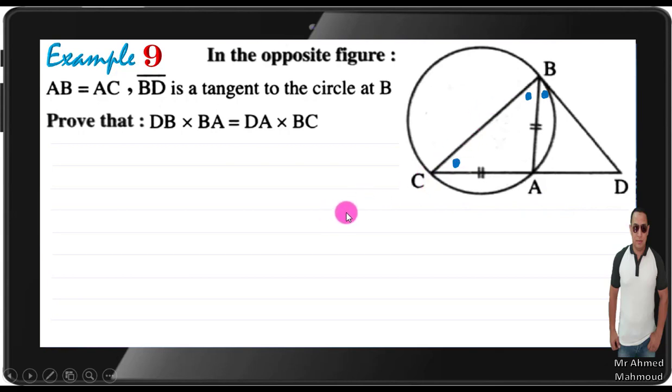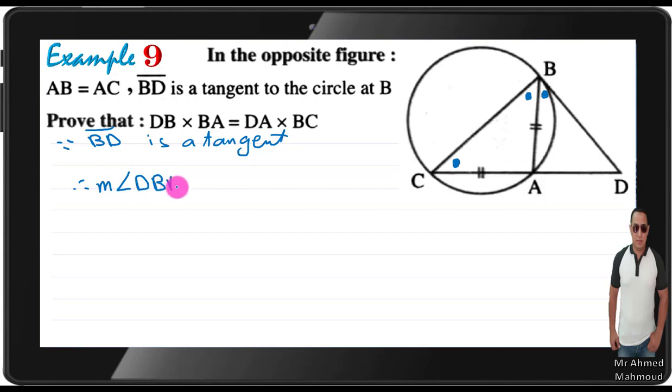Okay, since BD is a tangent, therefore measure of angle DBA equals measure of angle C, and since AB equals AC, therefore measure of angle C equals measure of angle ABC.